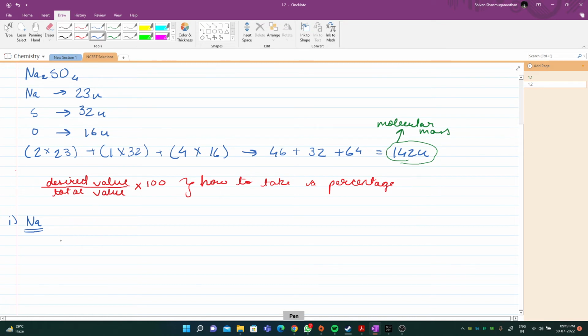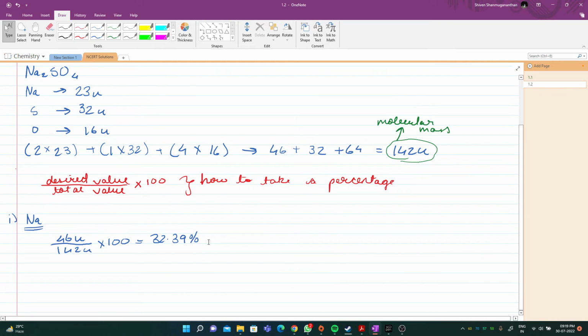So hence we have 46 U of sodium by the total mass of the compound, which is 142 U. Now multiply this by 100 and you should get 32.39%. Now this is the mass percent of sodium in sodium sulfate.